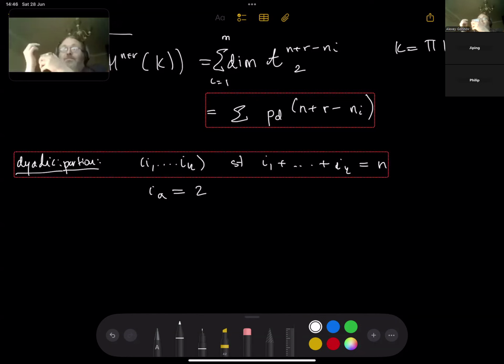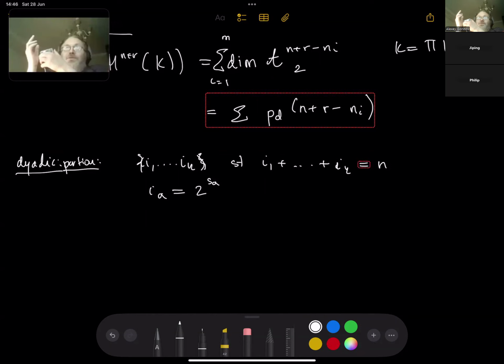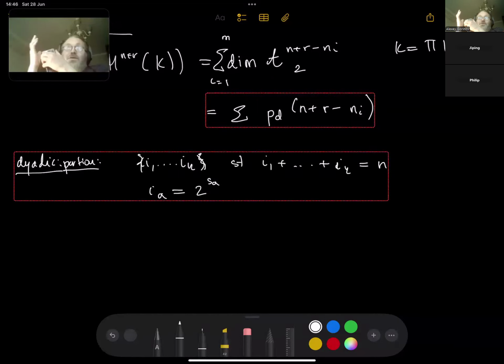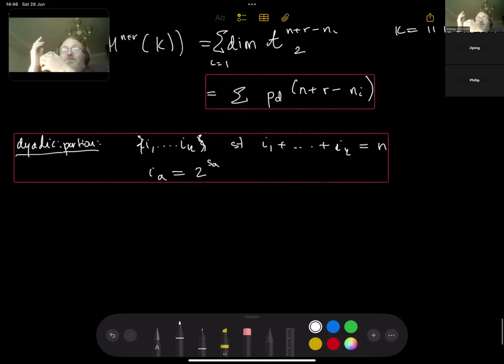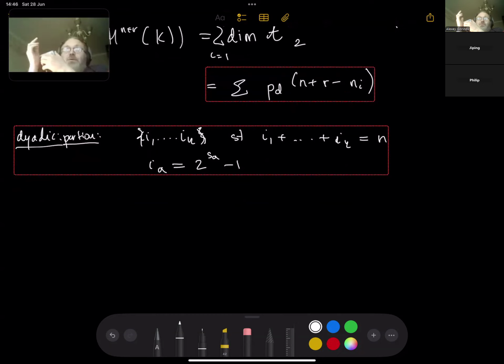Maybe it's better to define them as a set. Well, it's not quite a set, because 2 plus 2 is a partition of 4, although as a set it has just 2. A multi-set, I suppose. It's an element of the symmetric power of the natural numbers.